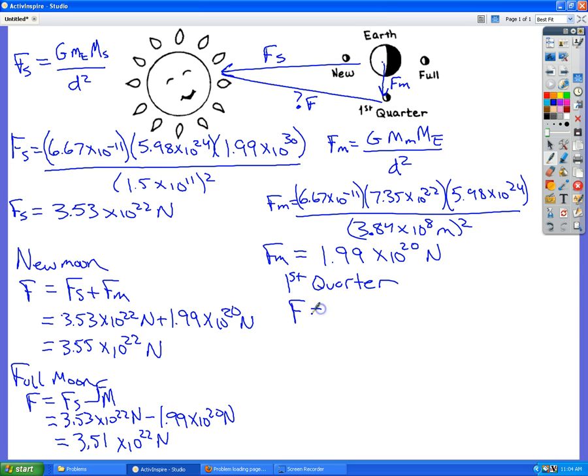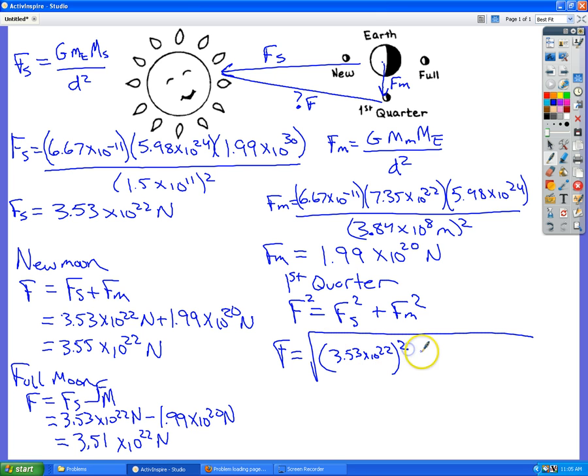The overall force squared would be equal to the force of the sun squared plus the force of the moon squared. If we do the square root of that, we need to do the force of the sun, which is 3.53 times 10 to the 22nd.